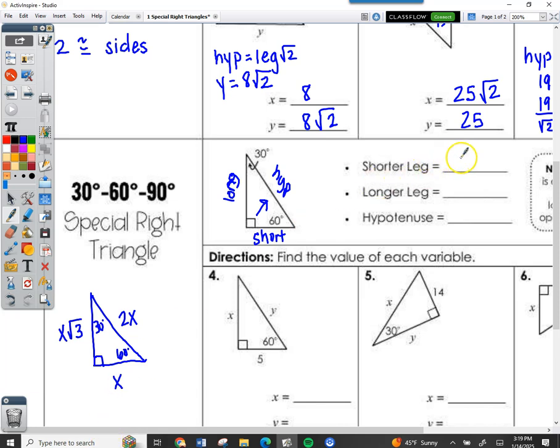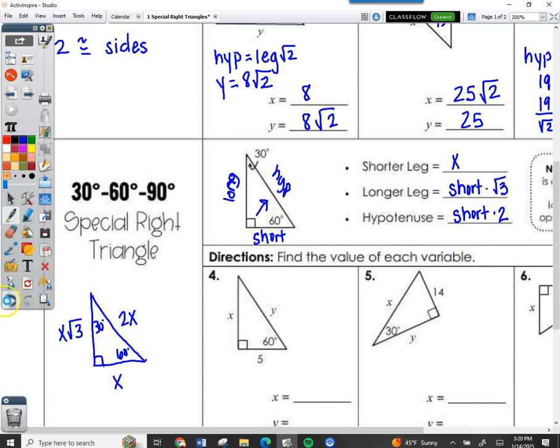So the short leg is x. The long leg is the short times root 3. The hypotenuse is the short times 2. Or 2 times the short.